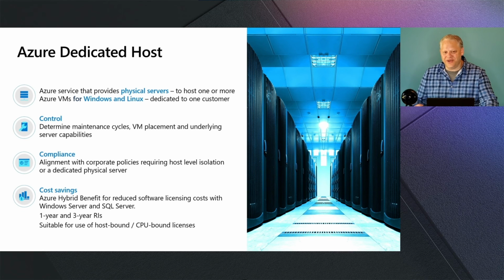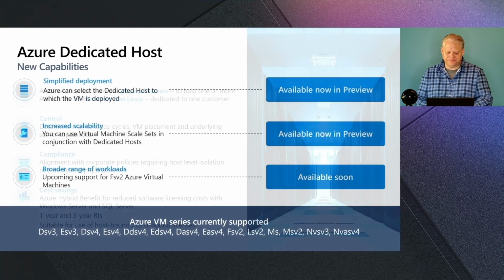And then finally, you can leverage the Azure Hybrid benefit for both Windows Server and SQL Server to lower your cost of ownership of running Windows and SQL together on the dedicated host by the hybrid benefit capabilities that allow you to apply licenses to the physical cores on the server, and then you can have unlimited virtualization rights on top of that. So it can greatly lower the price point for some scenarios.